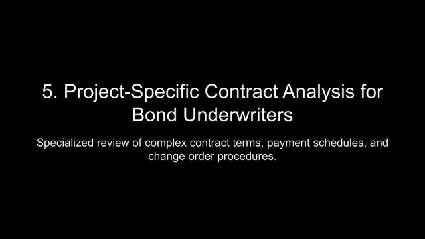Practical examples illustrate the challenges of managing conflicts between insurance and bond terms. In one case, a contractor's professional liability policy excluded coverage for design errors caused by subcontractors, even though the performance bond guaranteed the overall quality of the project.